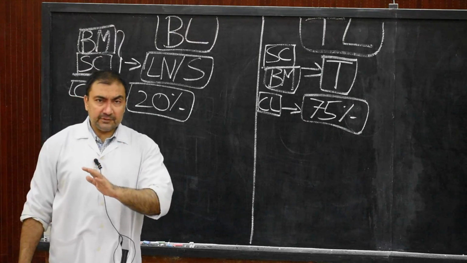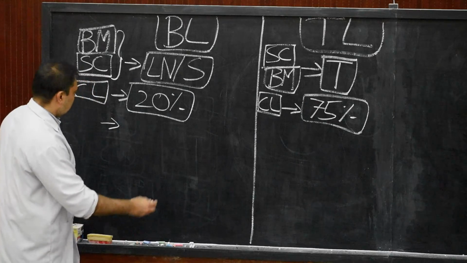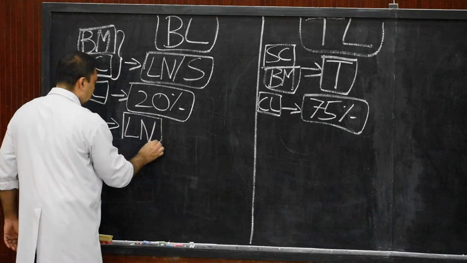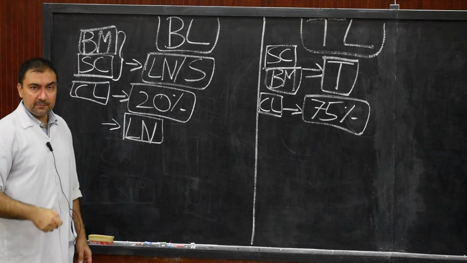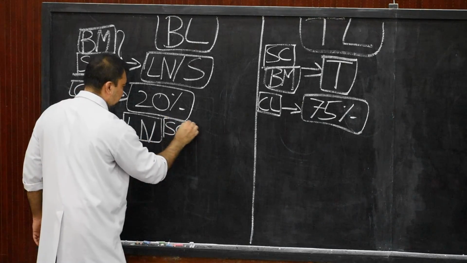So these B lymphocytes, in case of the lymph node, we mention this specially, are located within the outer part of the cortex, or superficial part of the cortex of the lymph node.